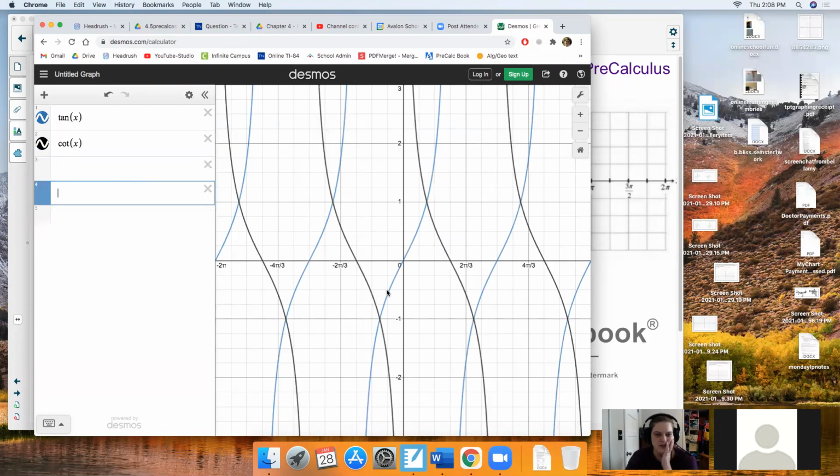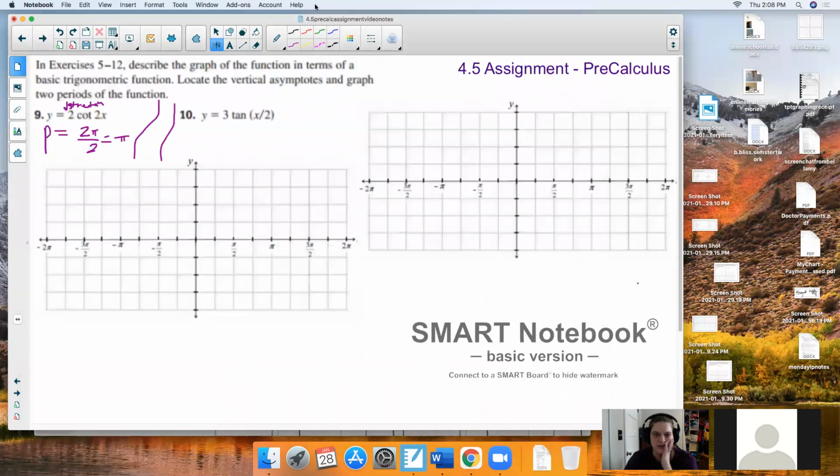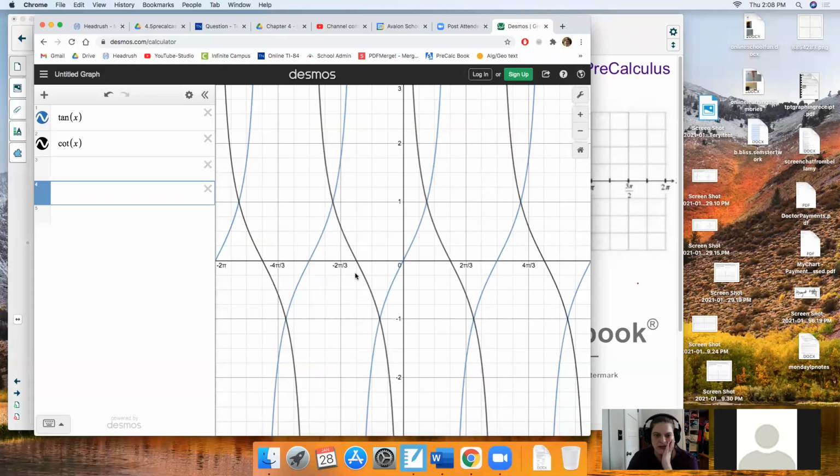All right, so tangent goes through at the origin, but cotangent, because this has a 0 at the origin, now has its asymptote at the origin. So if we draw our asymptote at the origin, because that's where tangent would have hit it, and we also know that our period is pi. So taking a look at, oh, there it is. Taking a look at where pi would be.